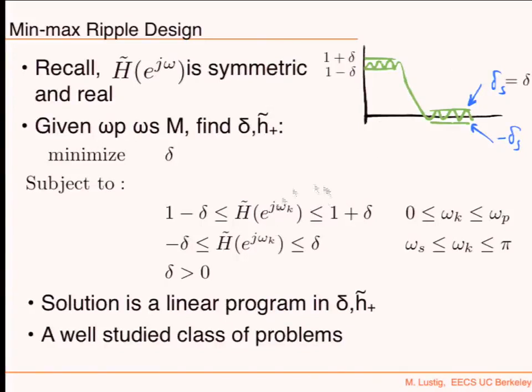This is a constraint that we have. We want our frequency response not to deviate between 1 plus some delta and 1 minus delta. We also want the frequency response in the stopband not to deviate between minus delta and plus delta. Okay? Now, what we really want to do then is minimize delta. If we minimize delta, it kind of squeezes this.